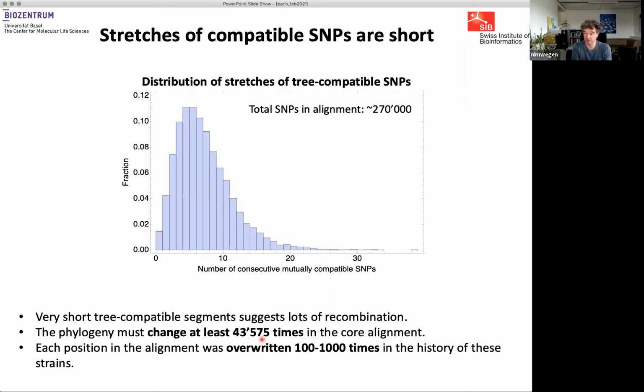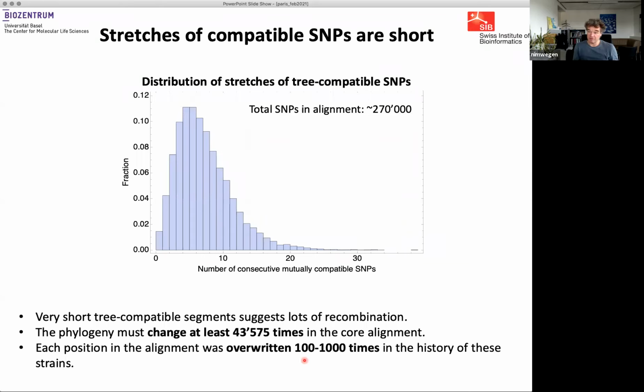Together with estimates from the pairwise analysis of the size distribution of recombination events, you can work out that a typical position in the alignment was overwritten somewhere between 100 and 1,000 times by recombination.